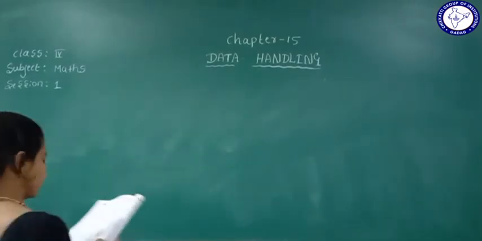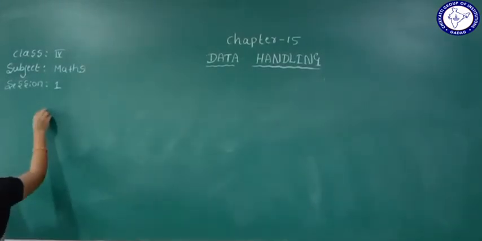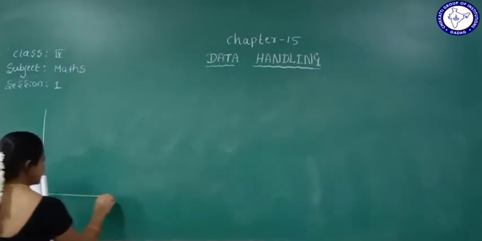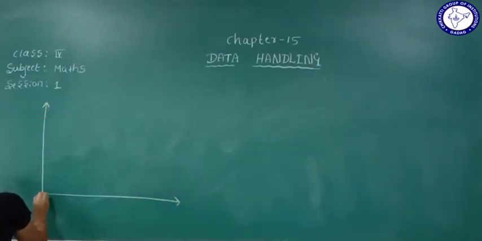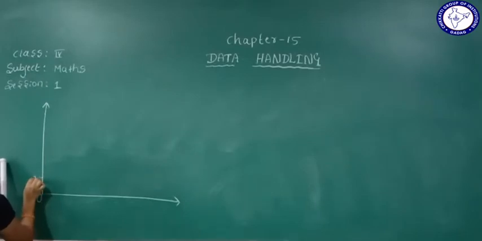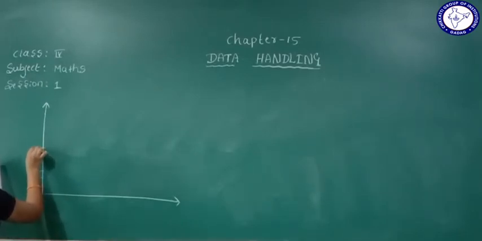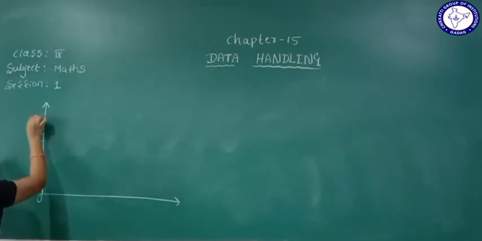First this is the graph. Here they mention up to 10 numbers: 1 2 3 4 5 6 7 8 9 10.